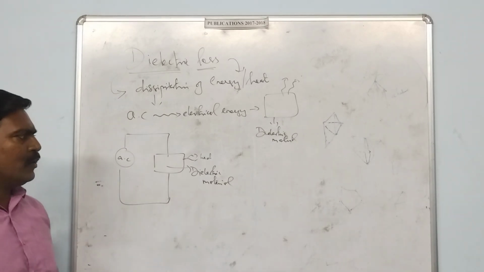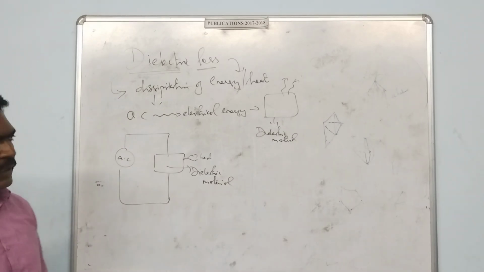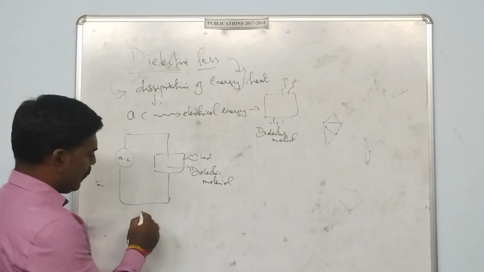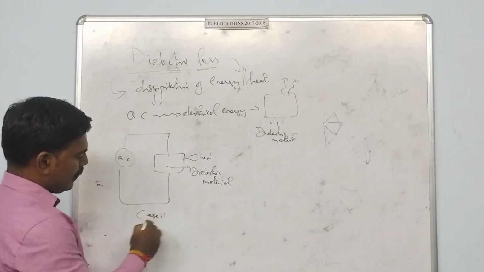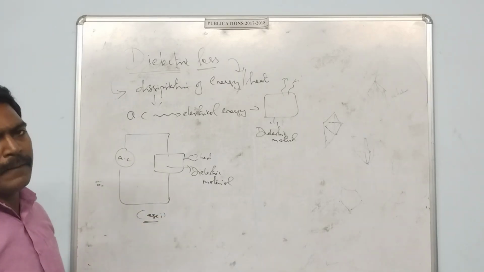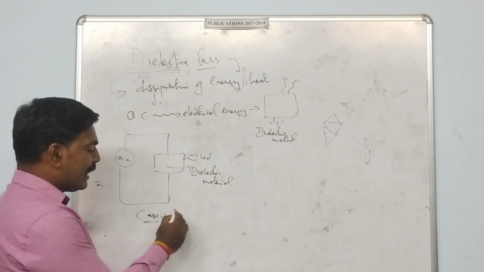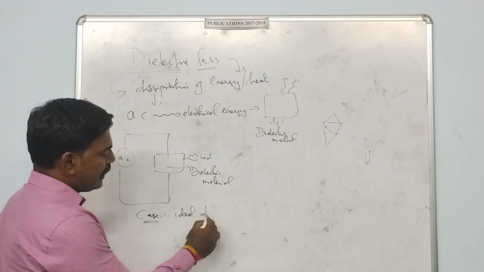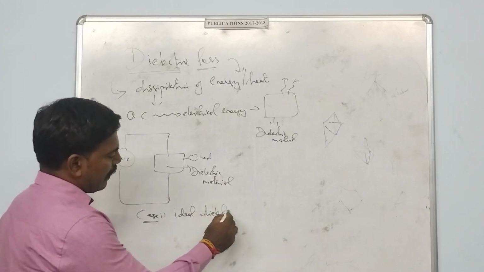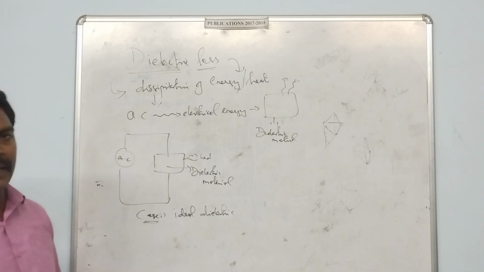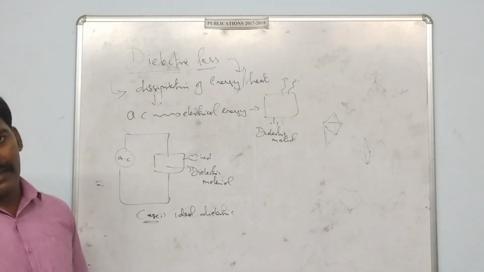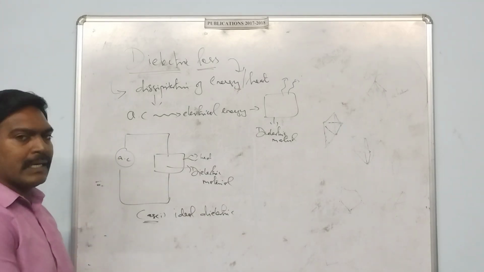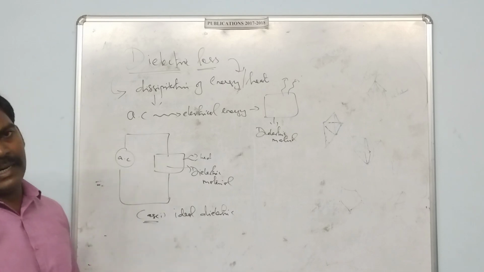We can split it into two cases. First one, here we choose an ideal dielectric material. What happens to the dielectric loss? There is no loss for ideal dielectric materials.